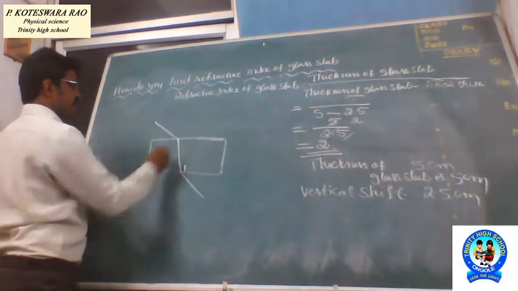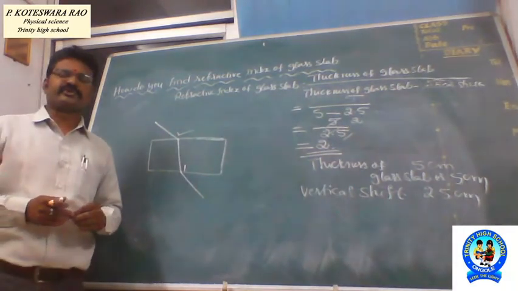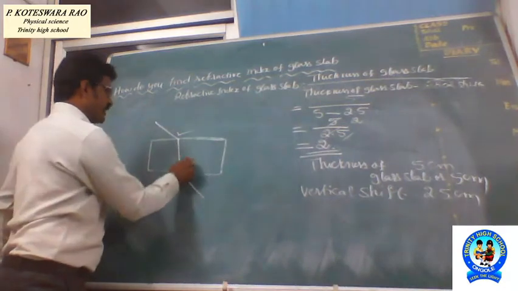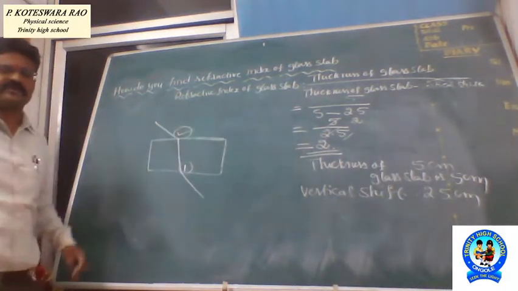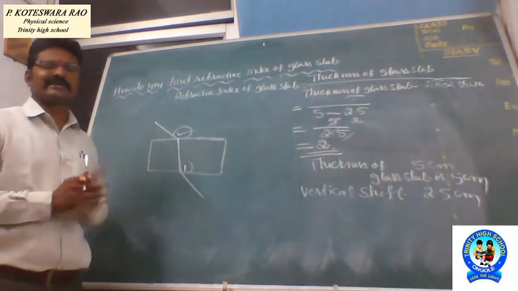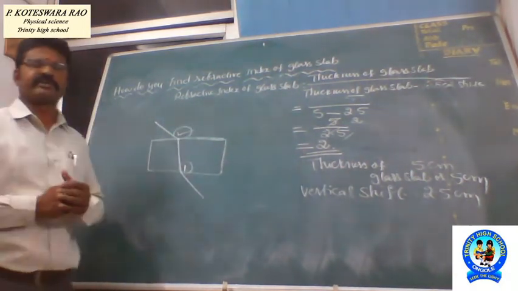This is the first time, this is the second time. So if a light ray passes through the glass slab, how many times can it refract? 2 times it can refract. It is also one important point.